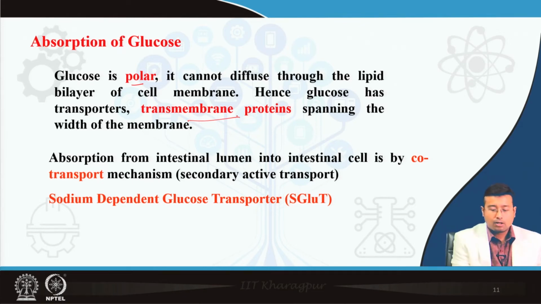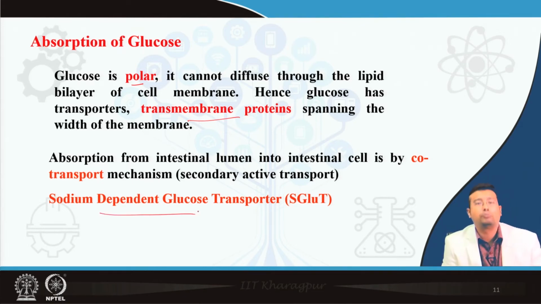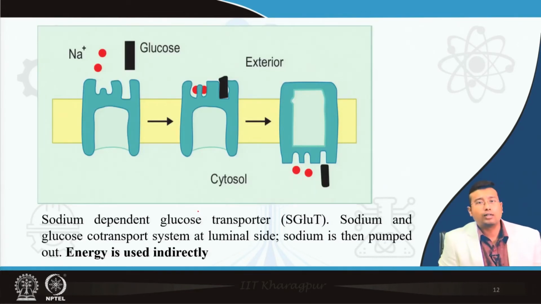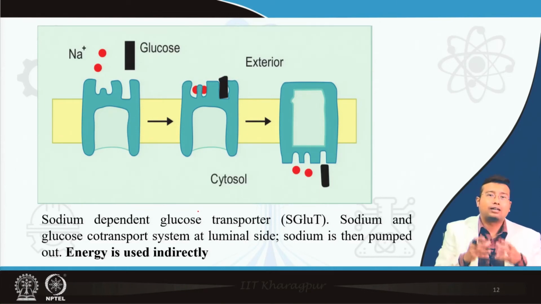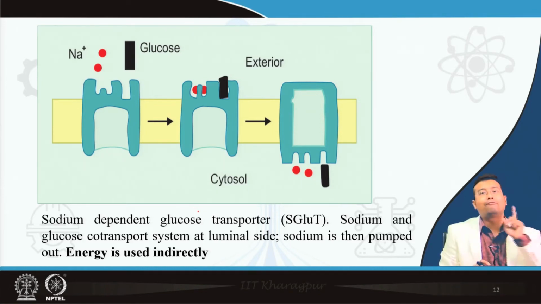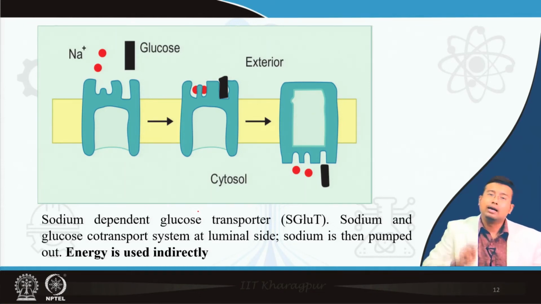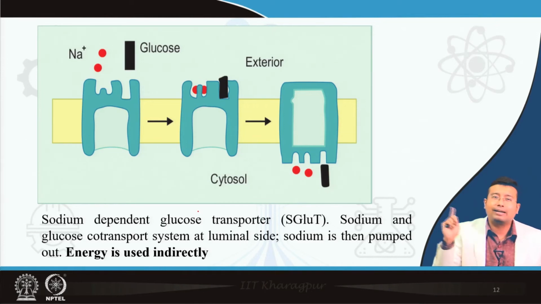One example is the sodium dependent glucose transporter. This is a co-transporter. What do you mean by co-transporter? A co-transporter is some form of gate in which, suppose I am waiting at the gate, it won't open. Only if my parent is also at the gate will the gatekeeper feel safe to open the gate and both of us can go in. Later on, after I am inside school, my parent can easily sneak out of the back door.